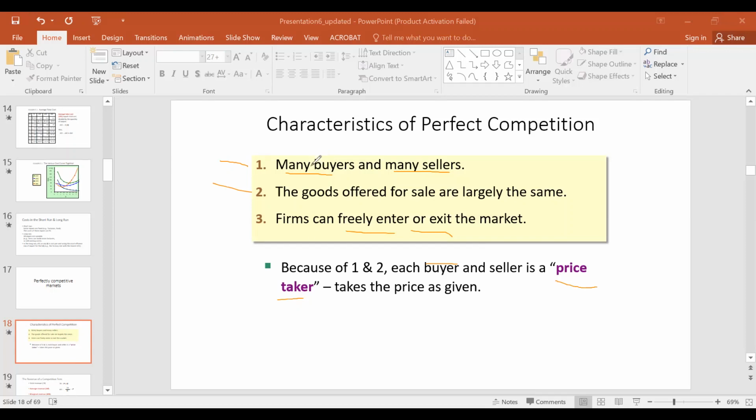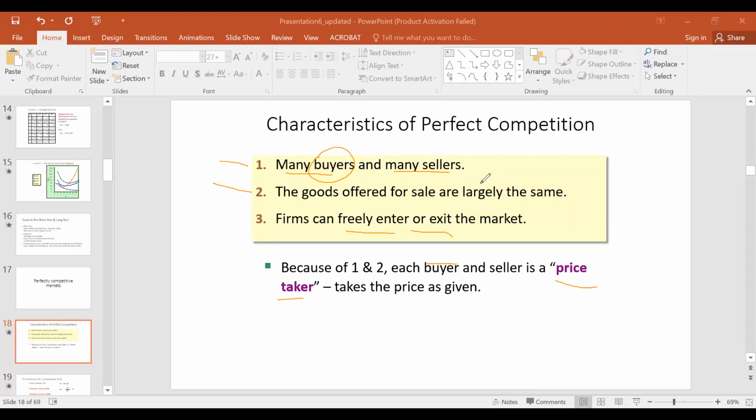Because there are so many buyers, a single buyer cannot influence the market price. You cannot hijack the market because you are one big buyer and you want to change the price as a result. No, there are too many buyers. A single buyer is small, atomistic, and cannot change the market price. So every single buyer is a price taker.